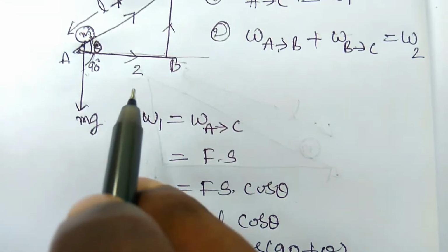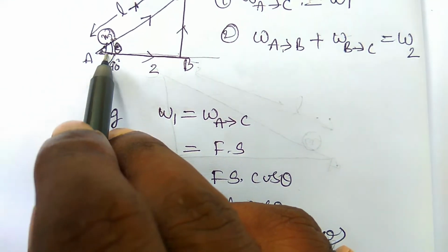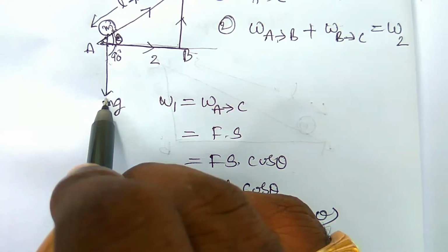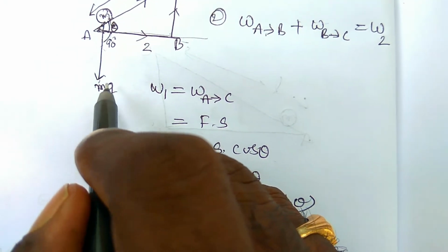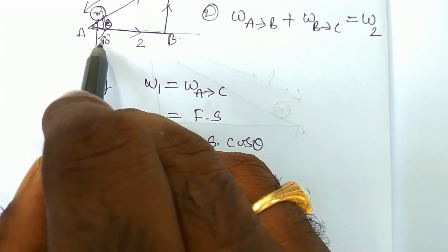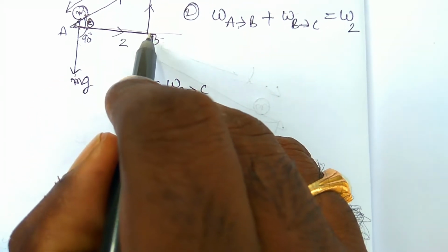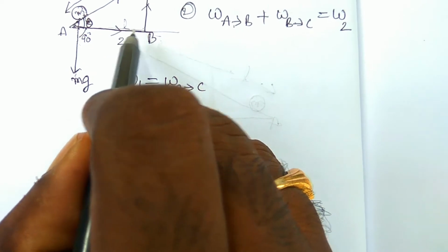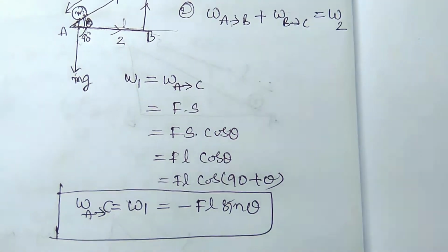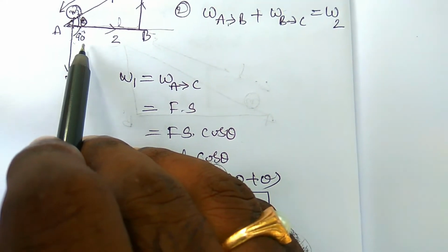For the work done from AB, there is a body with W equal to mg, and the net force due to gravity acts in a downward direction. Here theta is equal to 90. This is the length, nothing but L. So FL cos theta, where theta is only 90.